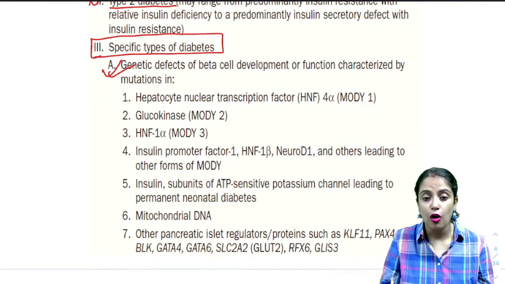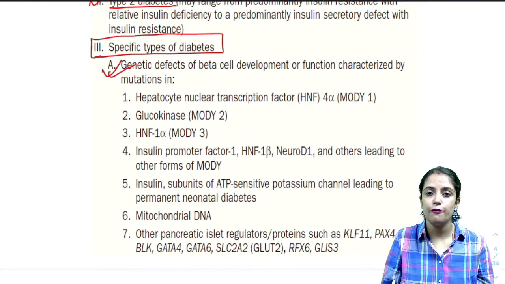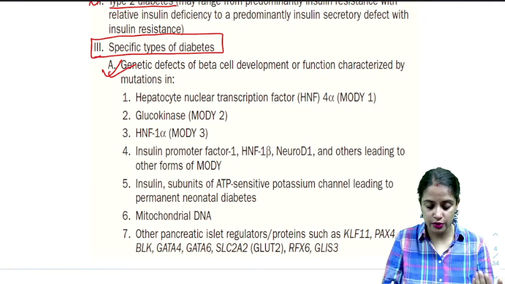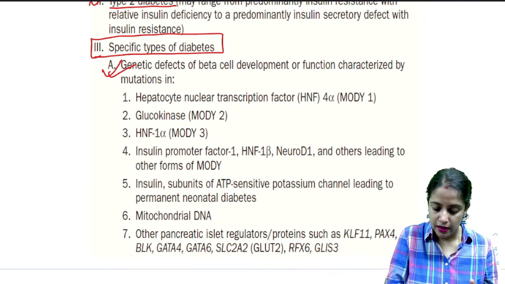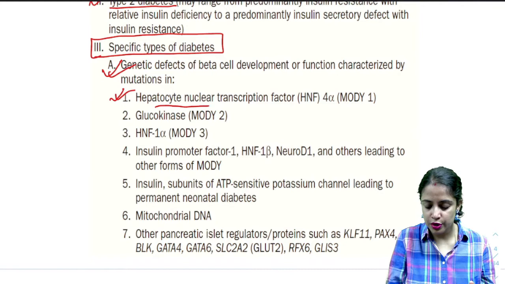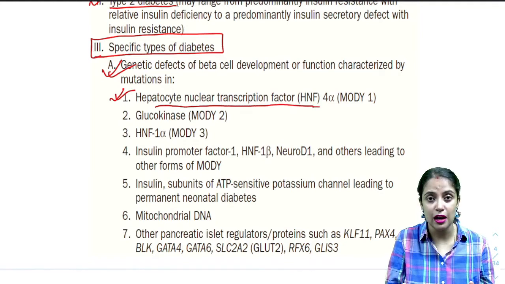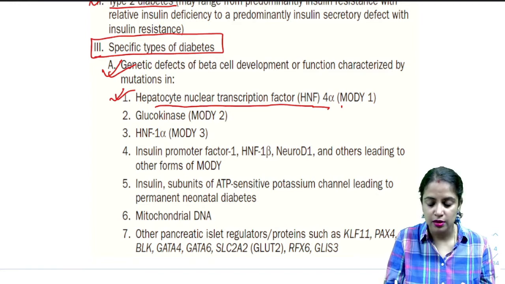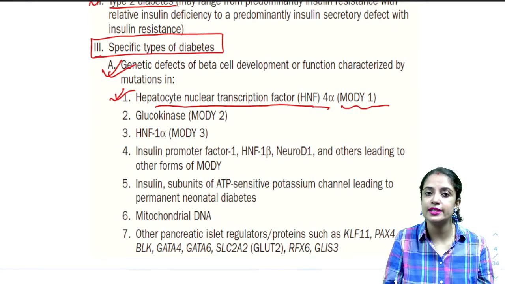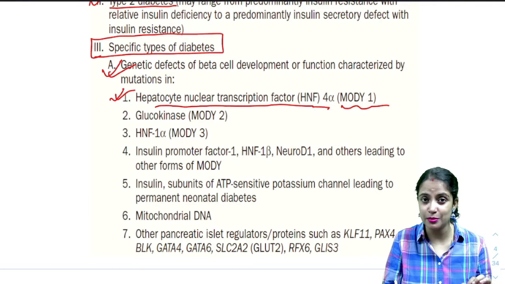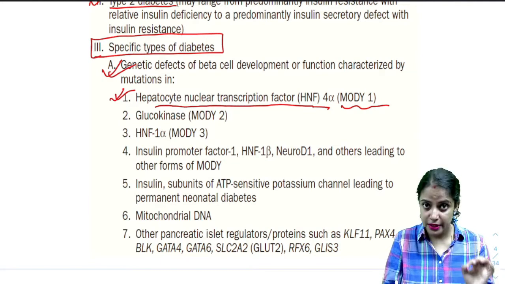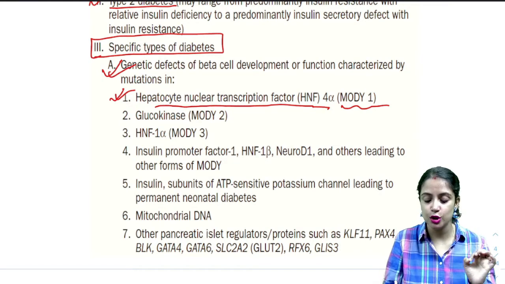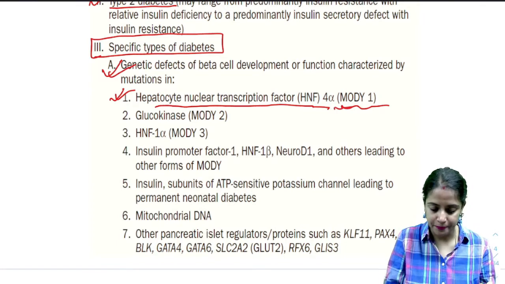Genetic defects of beta cell development or function, characterized by mutations in various genes like hepatocyte nuclear transcription factor HNF4 alpha; mutation in this leads to MODY1. MODY stands for maturity onset diabetes of the young.